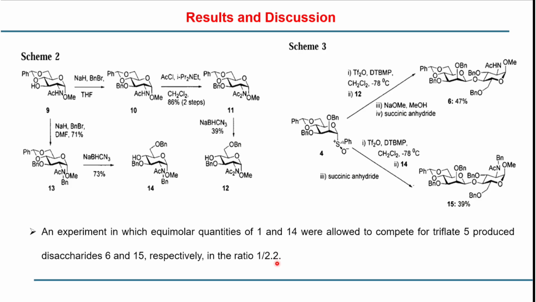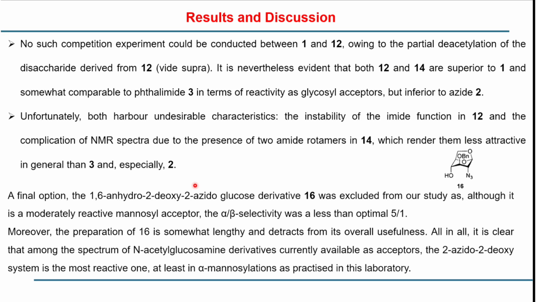That means 14 behaves as a good acceptor compared to 1. But they did not compare 1 with 12, because in the case of 12, partial de-acetylation was happening, ultimately leading to the disaccharide of 1. That means the acceptor being formed was 1 only.